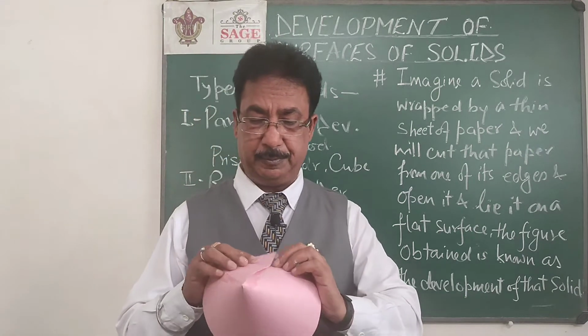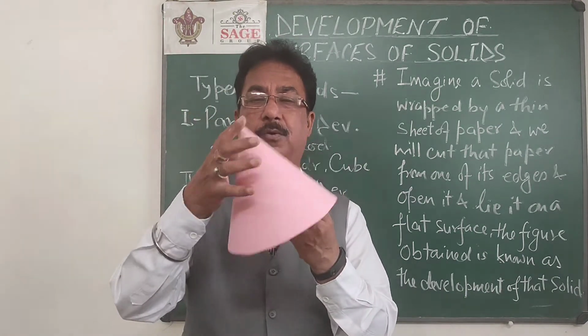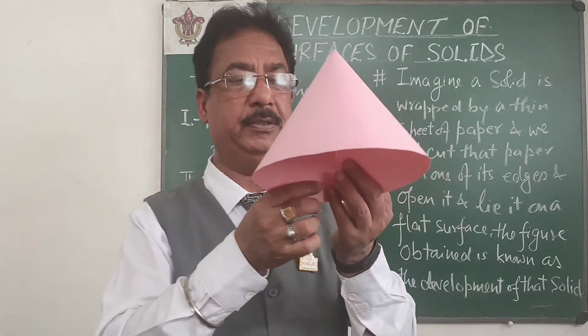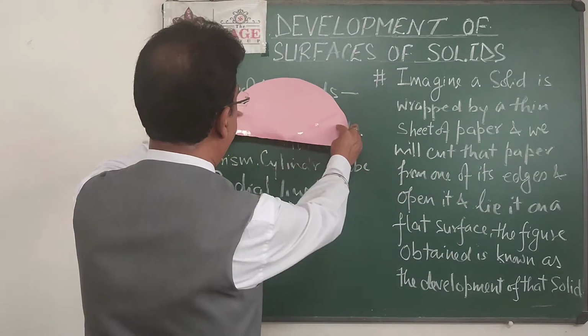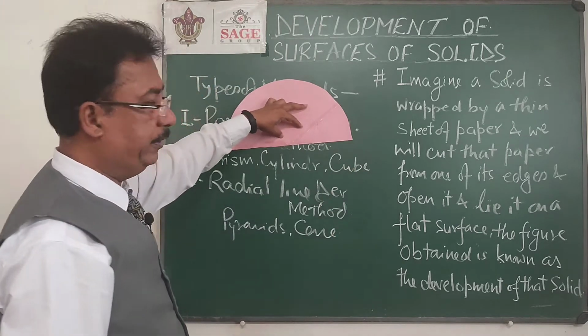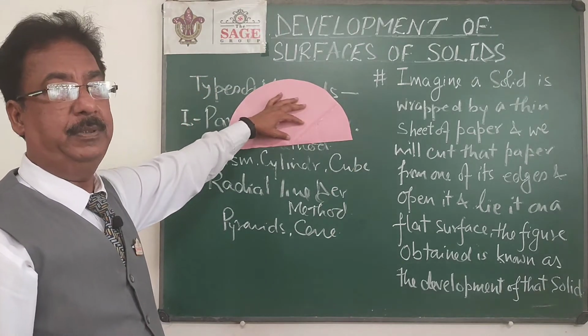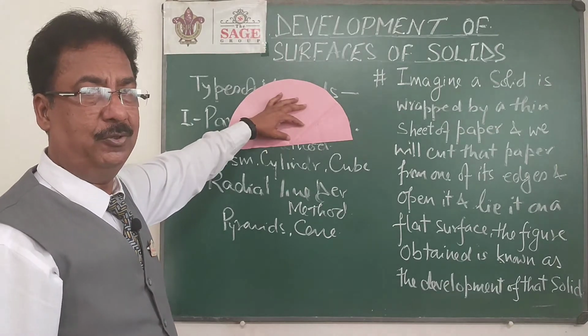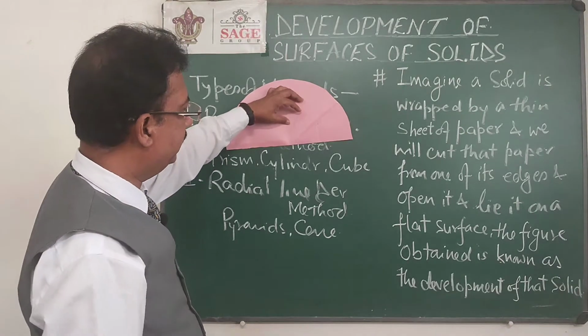I have another solid with me. This will be a cone. If I want to open its surface, then its development will be like this. Right now I have taken a semicircle, but normally the development of a cone will be a sector of a circle, and a semicircle is also a sector, but this is a very special case.